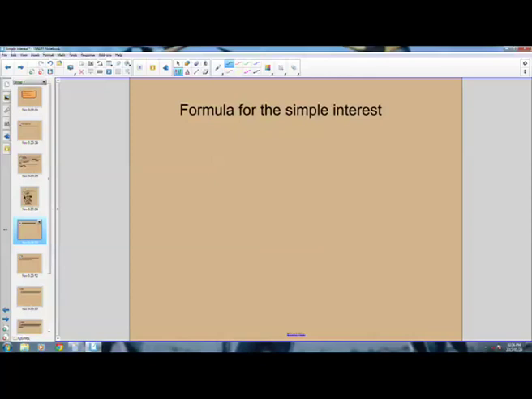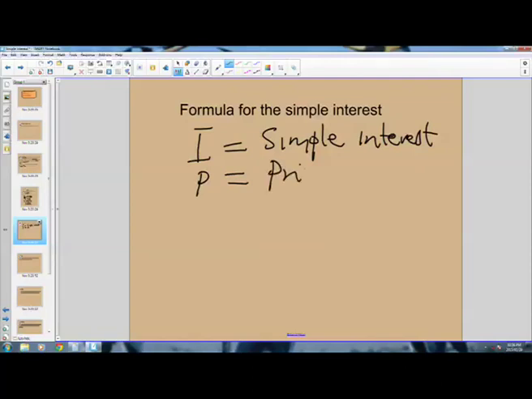Let us allow I to be the simple interest. And P to be the sum of money, which is the principal. This is the principal, which is the sum of money that you borrow or invest.